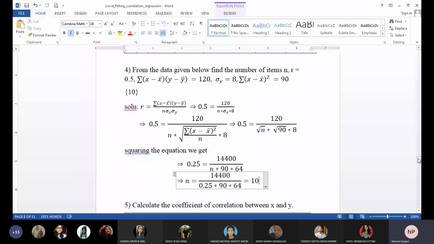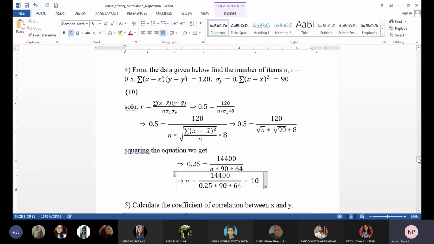We are supposed to find out the value of n. The value of r is given, right? Summation x minus x bar into y minus y bar is given. Sigma y is given, and summation x minus x bar whole square is given. These are the things which are given.